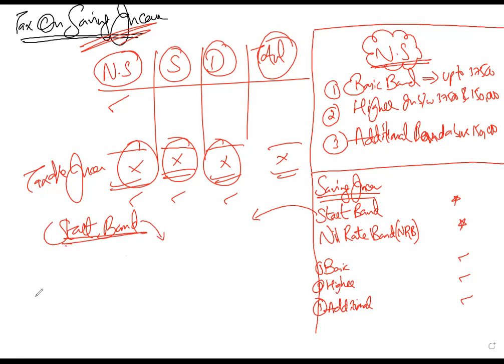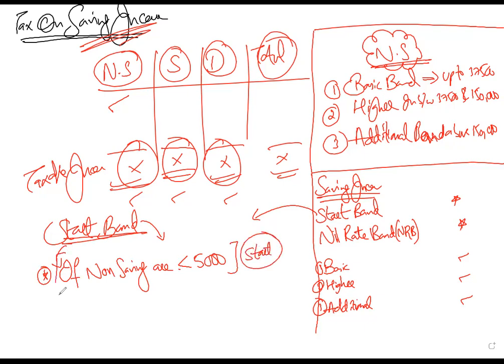If non-savings are less than 5,000 pounds, the start band will arise. In order to take the start band into account, you first have to focus on non-savings.